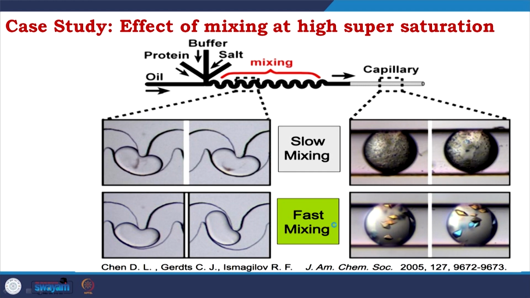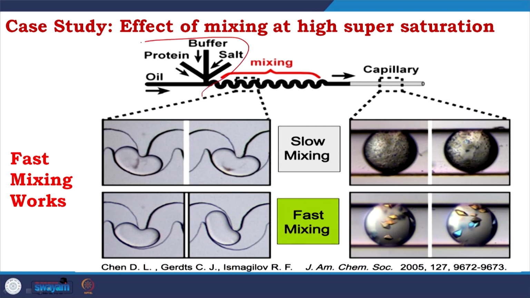In one, they do slow mixing and fast mixing using high supersaturation, and if you see, in slow mixing they got no crystal or very small crystallites, but in fast mixing they got crystals. So in this case at high supersaturation, fast mixing works. And you see what they did: they divided the capillary into different parts.